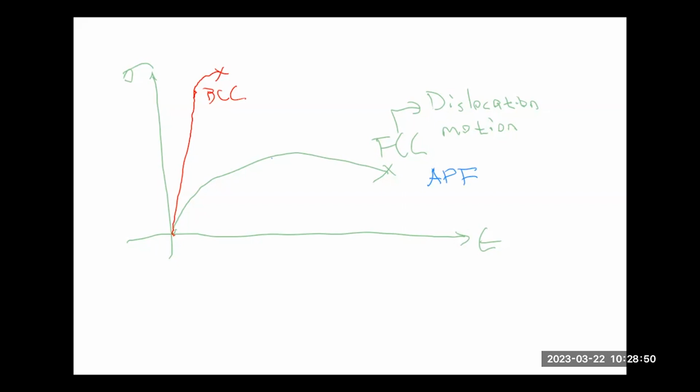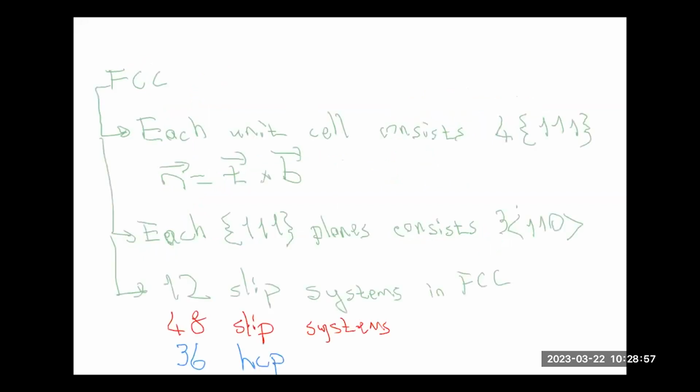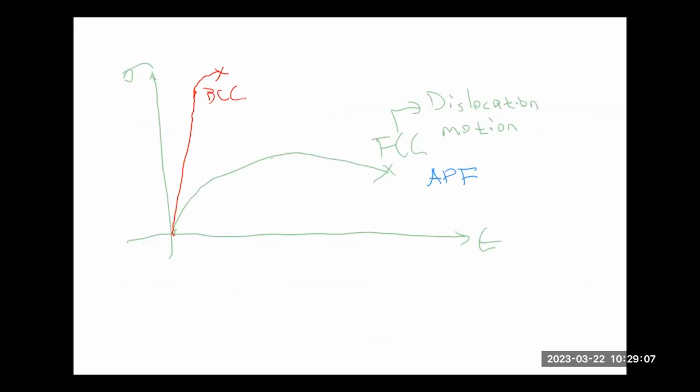Can you ask me again, hocam? The question is, we have only 12 slip systems in FCC and 48 slip systems in BCC, but FCC is more ductile than BCC. What could be the explanation? Hocam, maybe the distance between atoms affects this, I think. You're also mentioning the packing factor. Yes, actually, it's good.